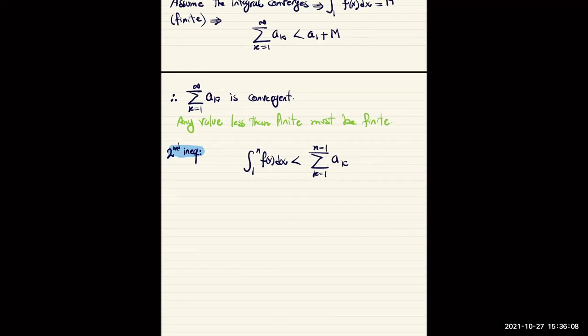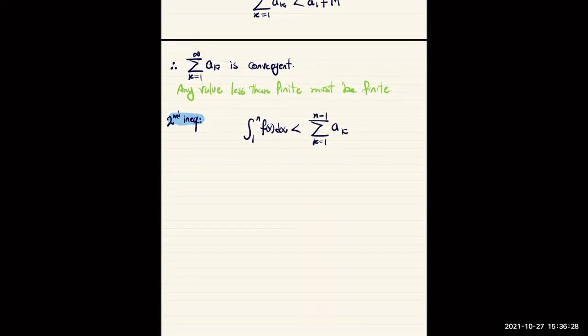Again, we have this inequality, and it is true for all n because the function is again increasing, meaning that the sum will always be greater than the integral.